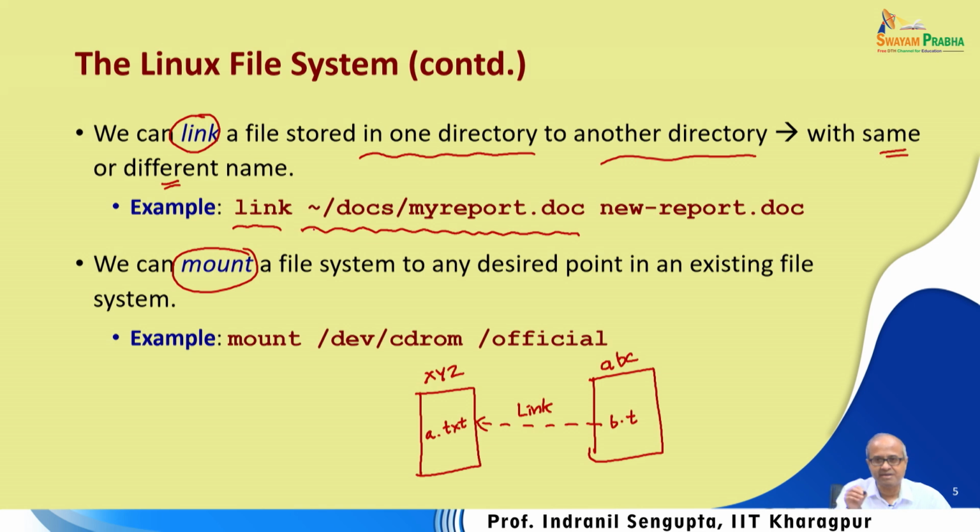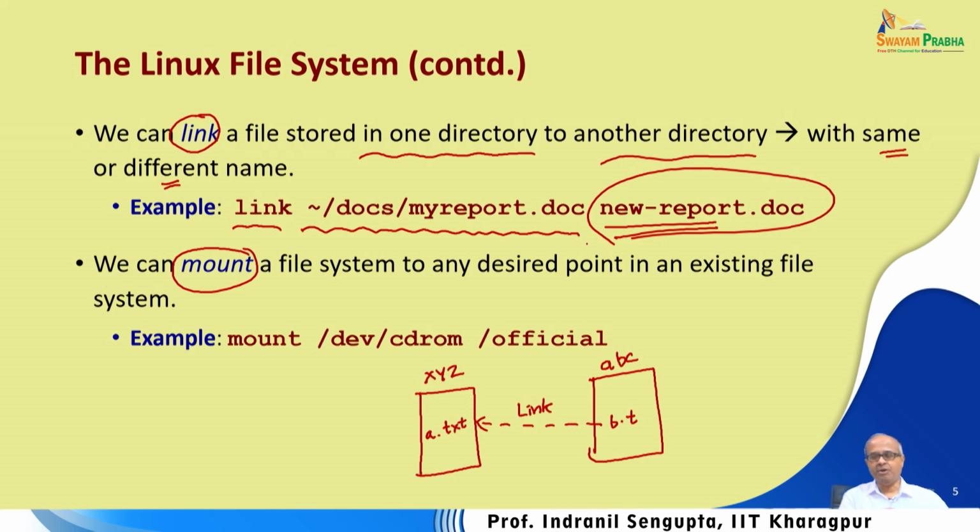Tilde means home directory. Under that home directory there is a folder docs, under docs there is a file myreport.doc, that I want to link to my present directory. Here I am using a different name, I call it new-report. So, in my current working directory a link will be created. That link is nothing but that myreport.doc, but now I will be accessing it with a new name, new-report.doc.